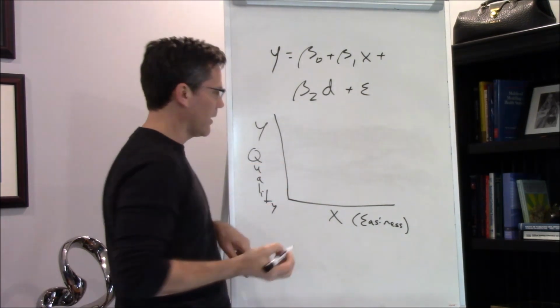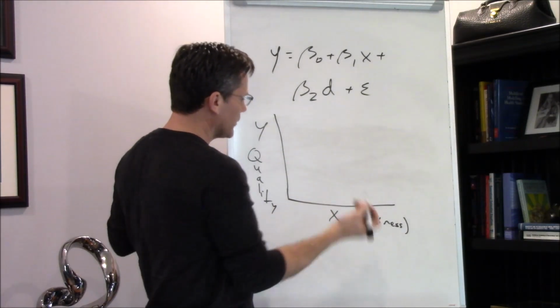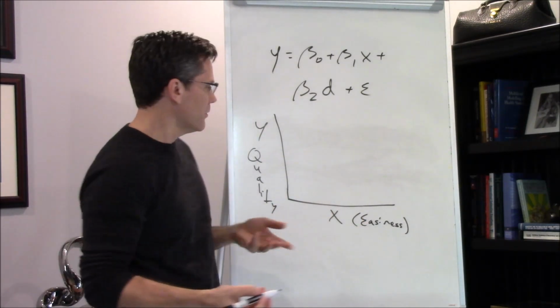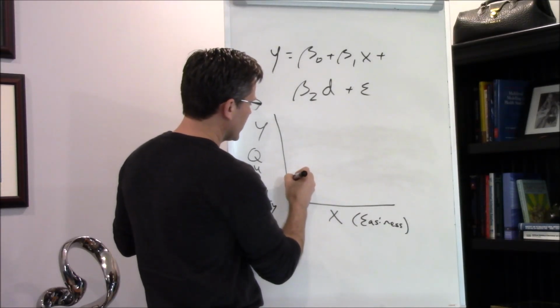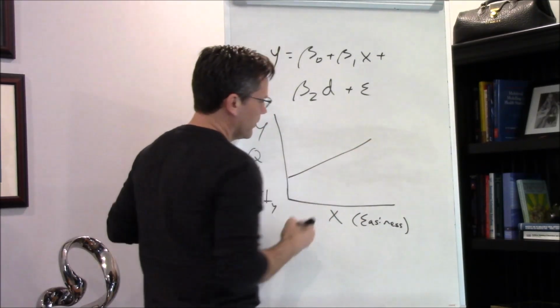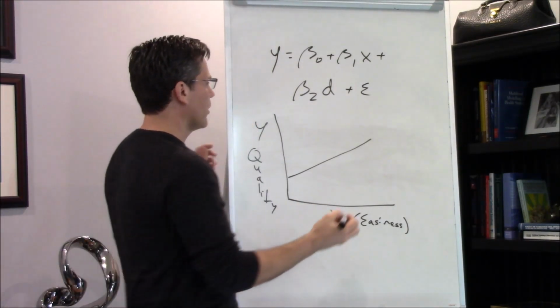And then we've got two groups, right? We've got D equals 0 or D equals 1, right? So for D equals 0, we're going to have some regression line where we might expect that as a class gets easier, the quality ratings go up.